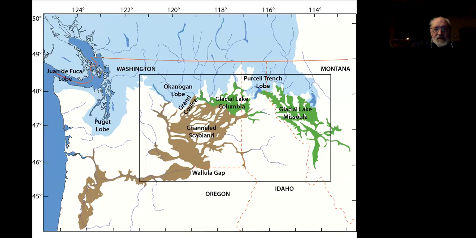On this map in brown are the areas where the massive flooding associated with these lakes, and possibly associated with subglacial water that was coming out from under the ice sheets, inundated drainage of the Columbia River, going down into Oregon and inundating the Willamette Valley and eventually out into the ocean.